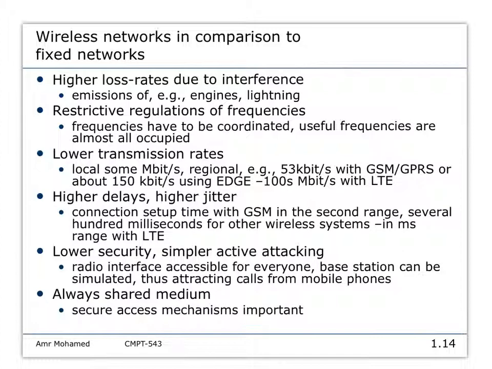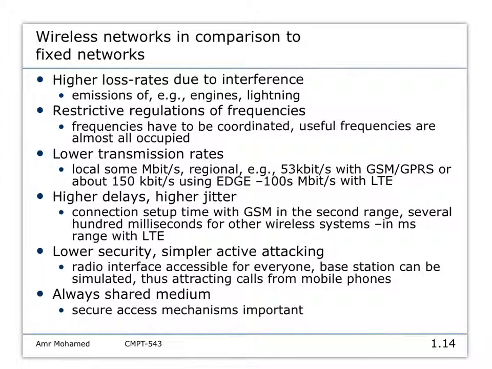With regards to wireless networks, with regards to the wireless signal itself, we have higher loss rates due to interference. So when we talk about the wireless signal itself, now we are communicating through these devices, okay? And there is wireless signal in the air. So now we talk about some of the characteristics of the wireless signal.